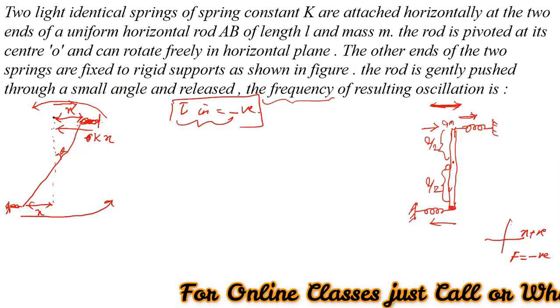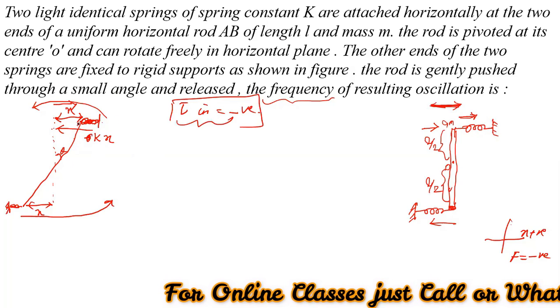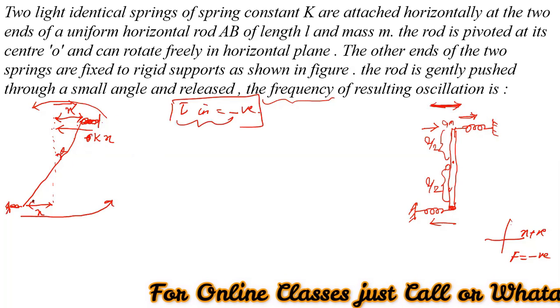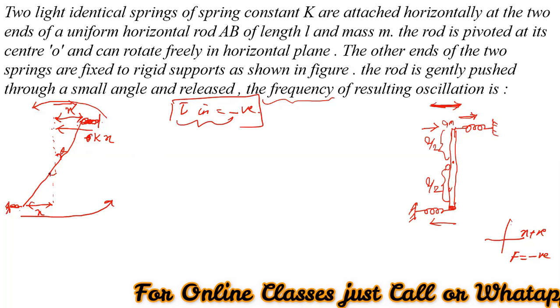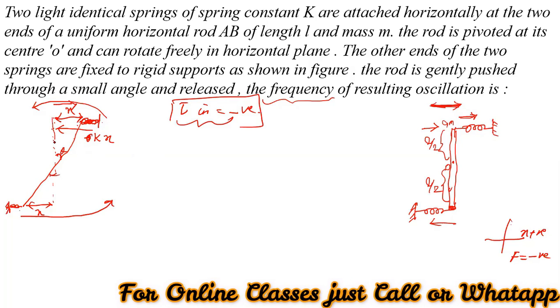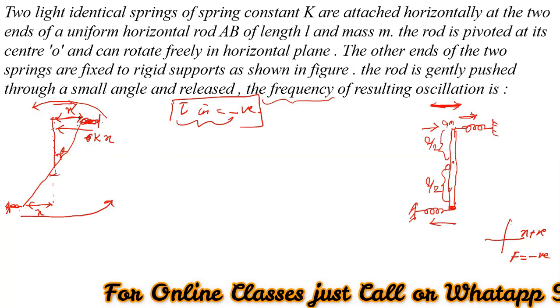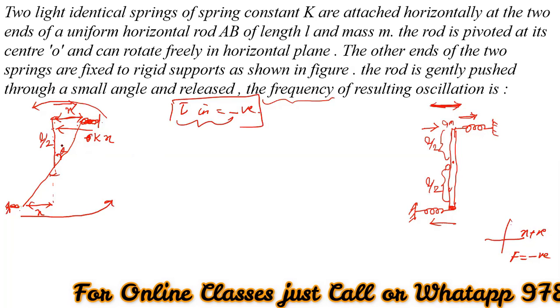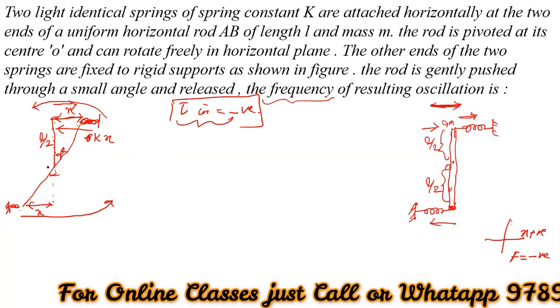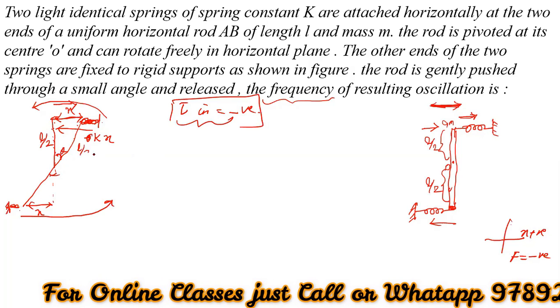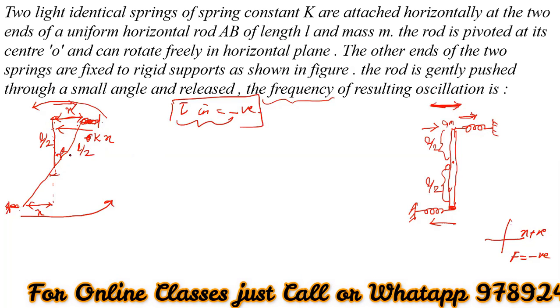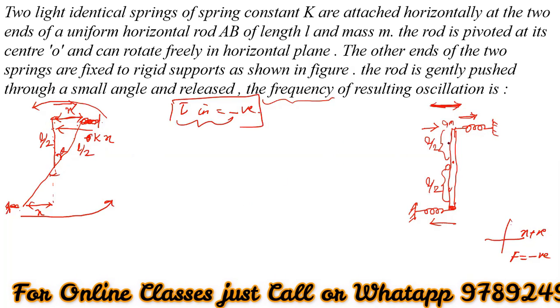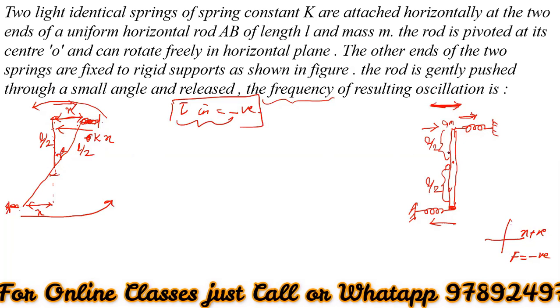Once you push like this, compressing, the same angle will compress this side. We know that this is L by 2. When the rod is straight, its distance is L by 2, right?